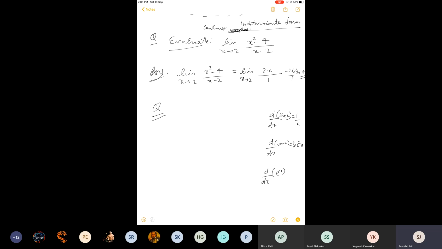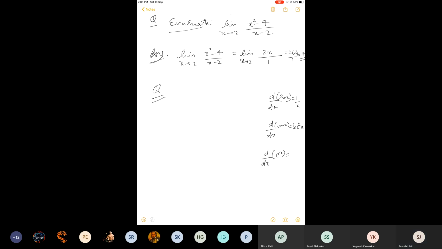What is differentiation of e to the power x? e to the power x. Yes, same, correct. What is the last one? What is differentiation of sec x? Sec x into tan x. Yes, that's correct.